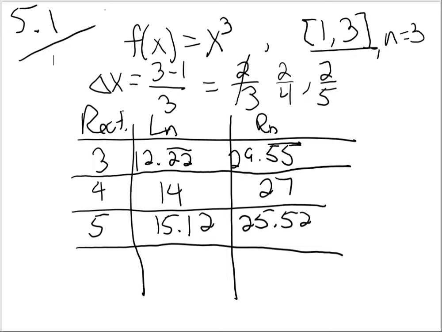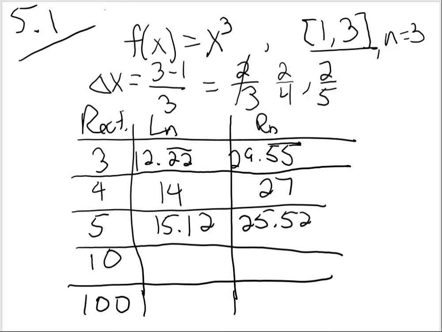Okay, and then you can increase this. You could do, say, 10 and 100 to get better approximations, which I would not ask you to do that many on, say, an exam, but here are, if you actually sat down and did them, approximately what you would get.